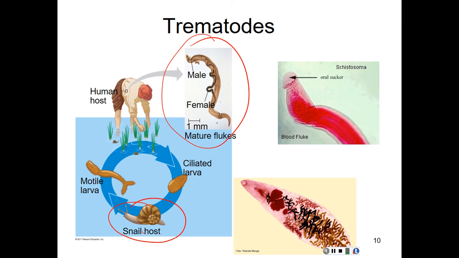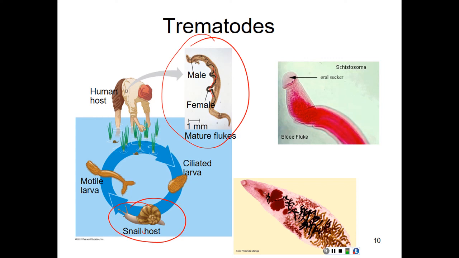They are what we would call dioecious, meaning they're different sizes. So, I'm sorry, did I say dioecious? I meant dimorphic. So the male is actually quite a bit larger than the female, and the female will actually reside on the male's body. The male will feed on blood and then pass some of this on to the female.